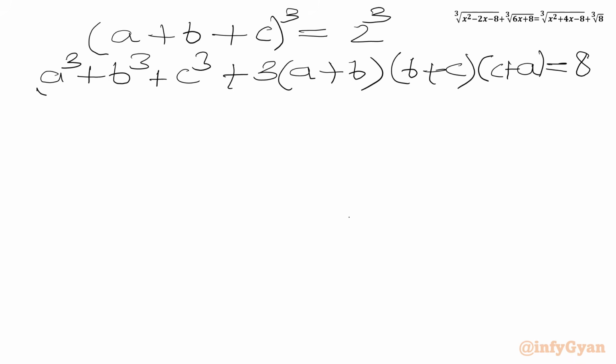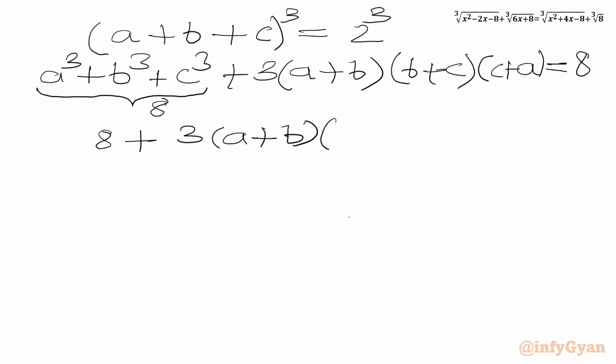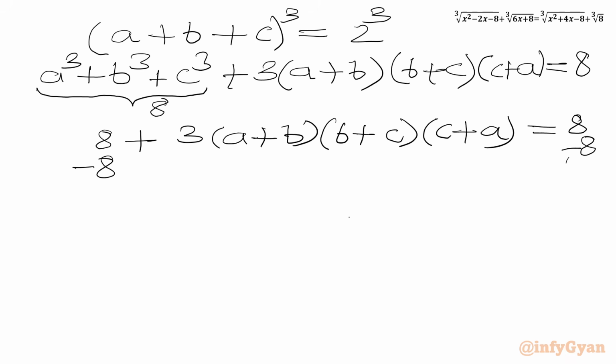Now from our equation number 2, this is 8. So we can write 8 plus 3 times (a plus b) times (b plus c) times (c plus a) equal to 8. Now we'll subtract 8 from both sides. So RHS will be 0.